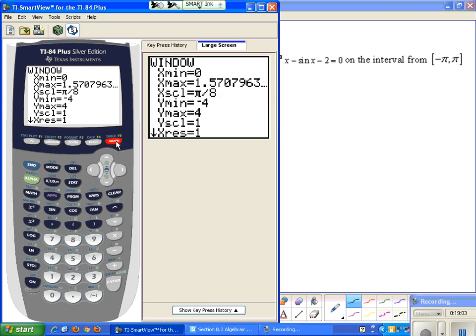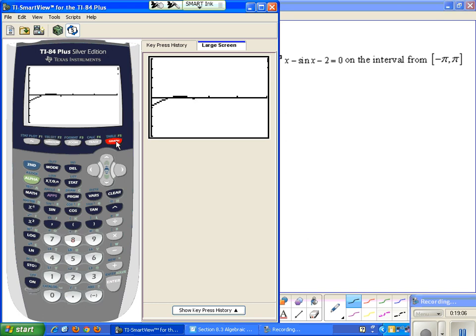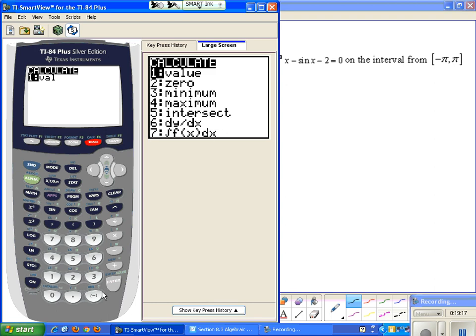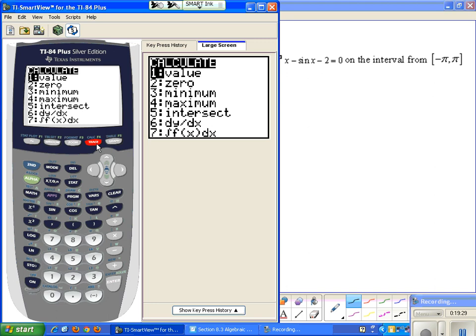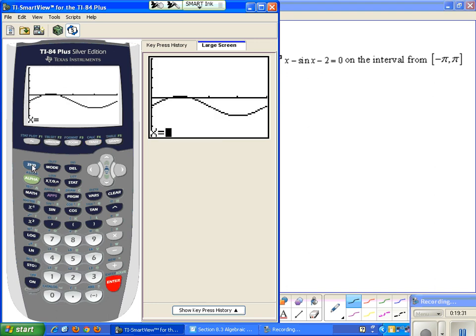Remember, you divide your period in 4 equal parts. And if I hit graph, I have 2 solutions. So those solutions should be pi over 12, which gives me my first answer, and I know the next one should be then pi over 6, just to check. And notice I get pi over 6.